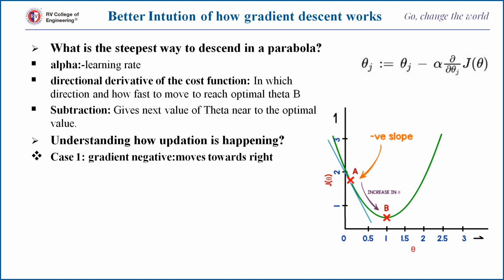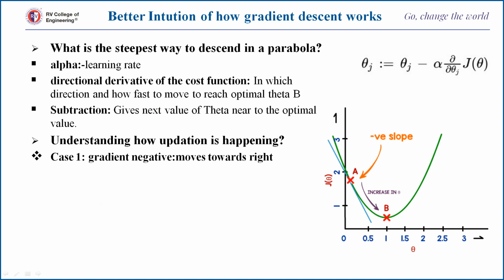So, a better intuition of how gradient descent works. What we have to answer is, what is the steepest way to descend in a parabola? So we have to find in which direction we should descend and by how much, what should be the step size at each iteration. Here alpha is the learning rate. Here we can see the formula for updating theta at each iteration.